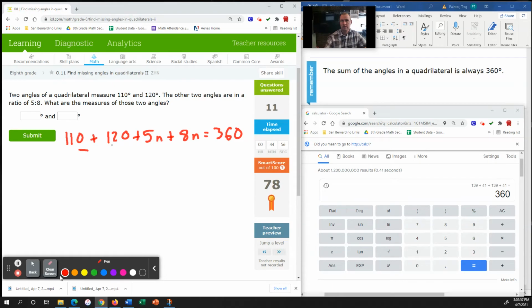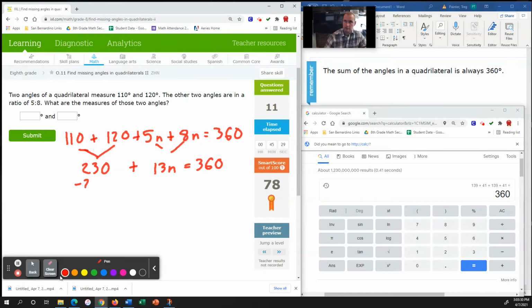I do prefer to combine like terms first, so let's put our 110 and 120 together. So 0 and 0 is 0, 2 and 1 is 3, and 1 and 1 is 2, so I got 230. 5 plus 8, I'm getting 13n, a positive 13n, equals 360 degrees.